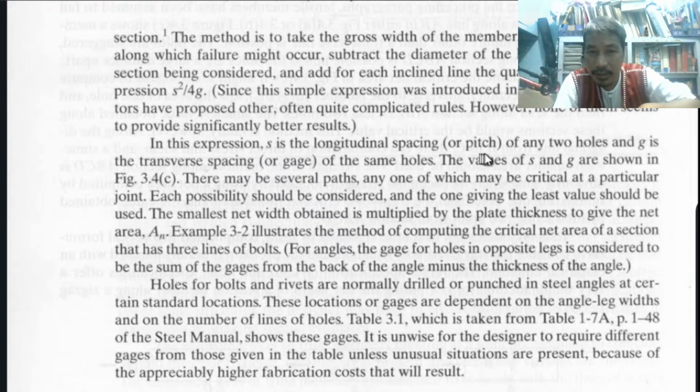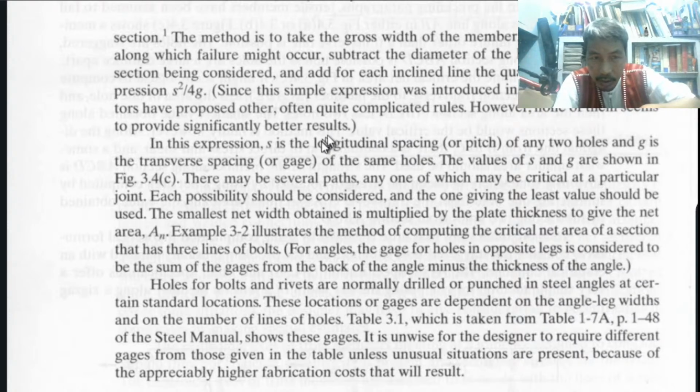So S and G, we need to know what S and G are because we have a formula like this. Take note of the formula: S squared over 4G. So again, S is what? Spacing. What kind of spacing?